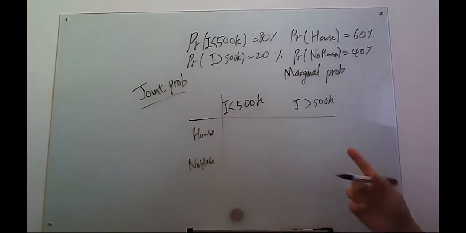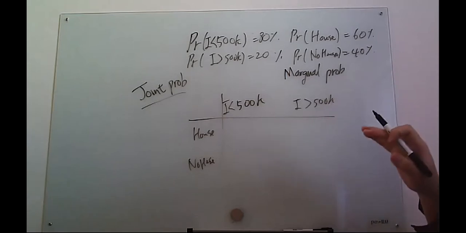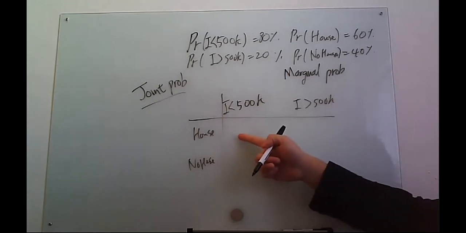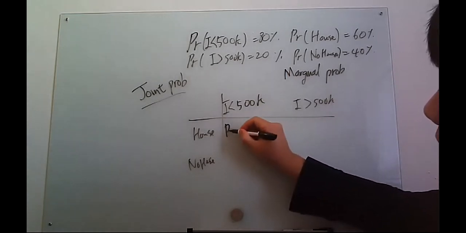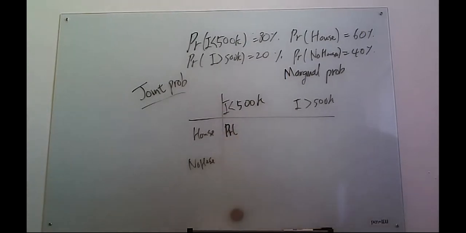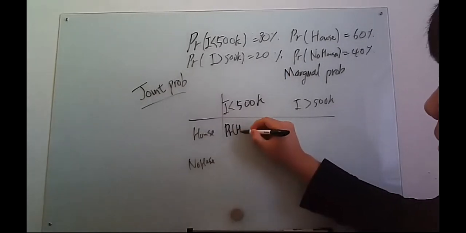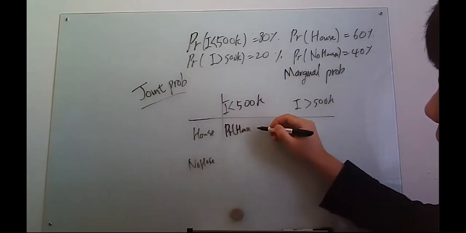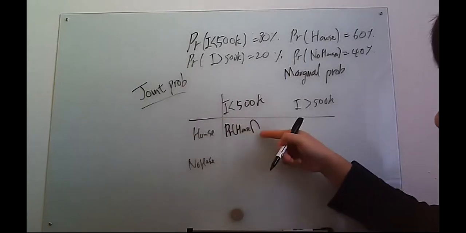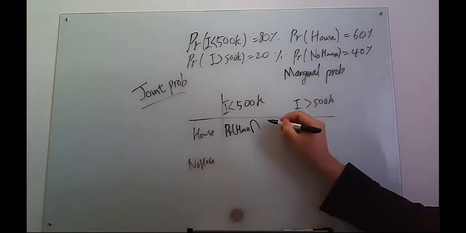The marginal probability is the probability of owning a house. This is the probability of owning a house, and at the same time, this is called intersection because that is happening at the same time, and income is less than 500K.